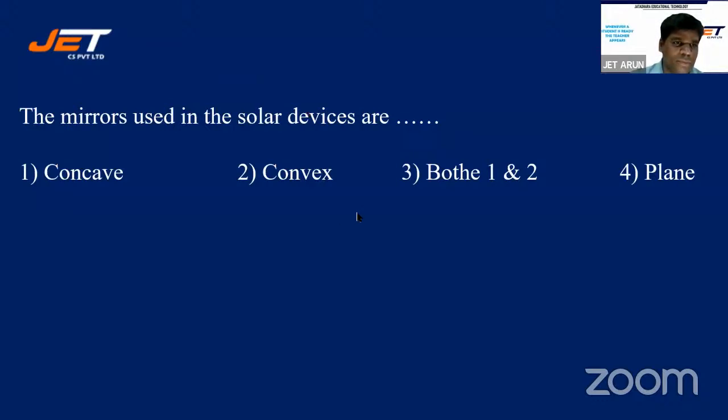I got all right. Here I got a wrong answer. It cannot be plane mirror, students. With a plane mirror you cannot focus light, you cannot converge parallel rays to a point called focus. A plane mirror doesn't have a focus at all. There is no focusing power for a plane mirror.